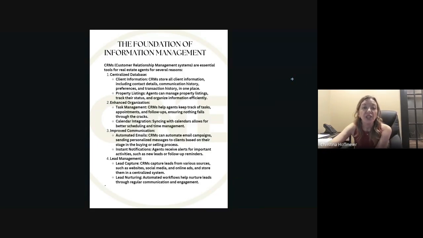The foundation of information management is your CRM. It provides a centralized database with all of the information housed in one place. And those of us who are older, who remember the Rolodexes, you younger ones may not even know what a Rolodex is, but please Google it. We used to have these big index cards that were on a roller.